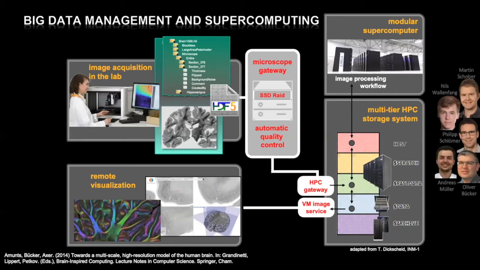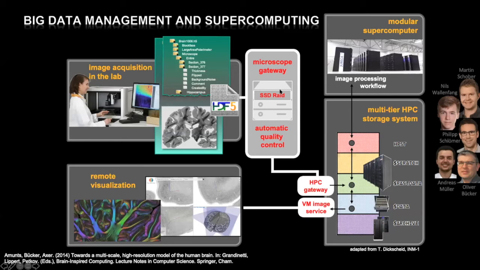So one thing we have started to set up is a very dedicated kind of big data management and supercomputing workflow, so that we can generate images in the lab, save those images in HDF5 file format containers, including all metadata related to the individual section.